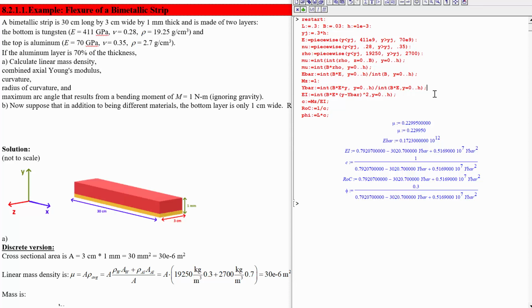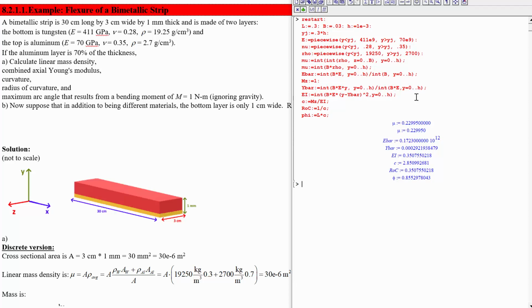So probably closer to 0.3 millimeters and maybe even within the tungsten itself. Let's see. It is, yeah, just slightly within the tungsten. So 0.29 millimeters up from the bottom of this beam inside the tungsten itself because the tungsten is so much stiffer than the aluminum.